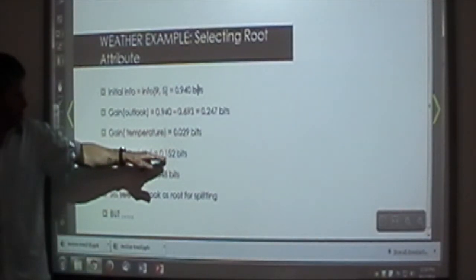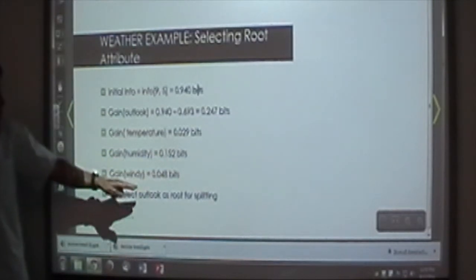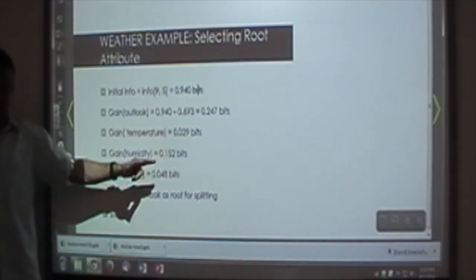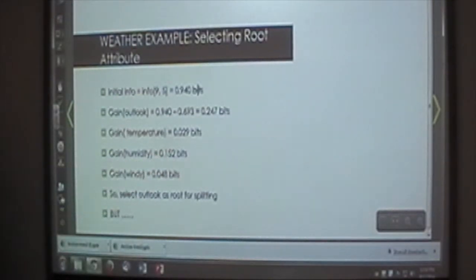Humidity gives you a gain of 0.152, and windy gives you a smaller gain, 0.048 bits. So from this calculation, the best choice would be to use outlook as the root for splitting. It's going to give you the most information gain as you go forward.